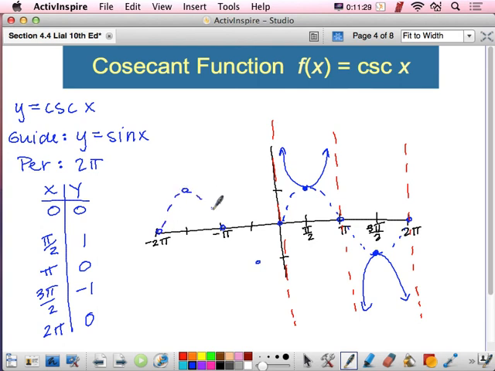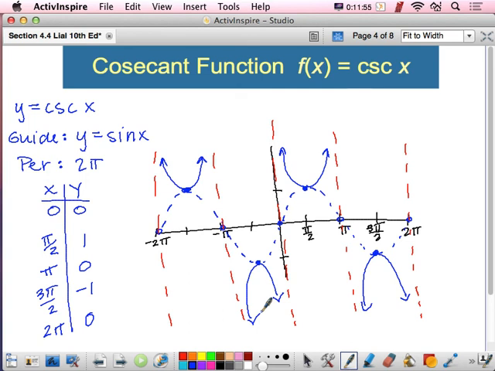So if I want to do a second period, this is all I have to do. That will give me 2 additional asymptotes here and here. And it will also give me 2 additional parabolas. One upward and one downward. And there is 2 periods of cosecant of x.